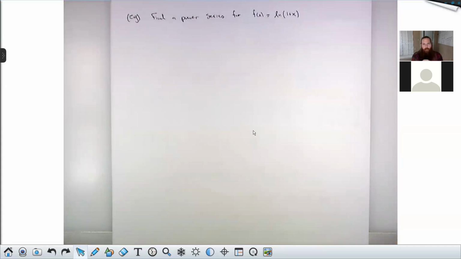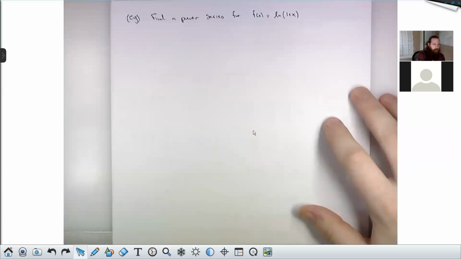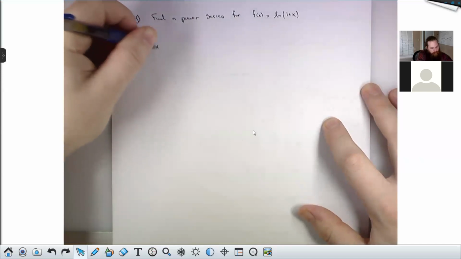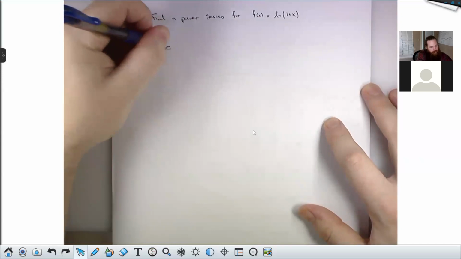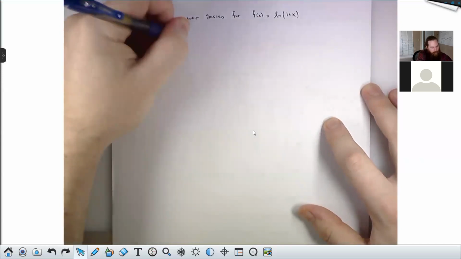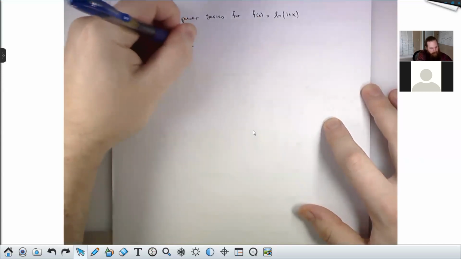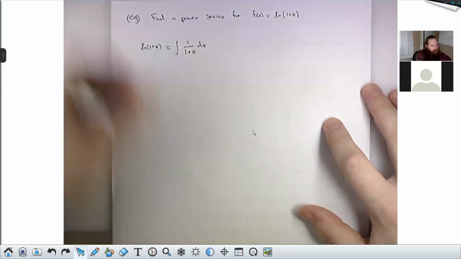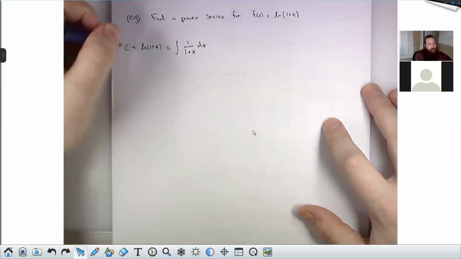Well, the natural log of 1 plus x, that does not look like something I could write as 1 over 1 minus r, does it? However, this is true.